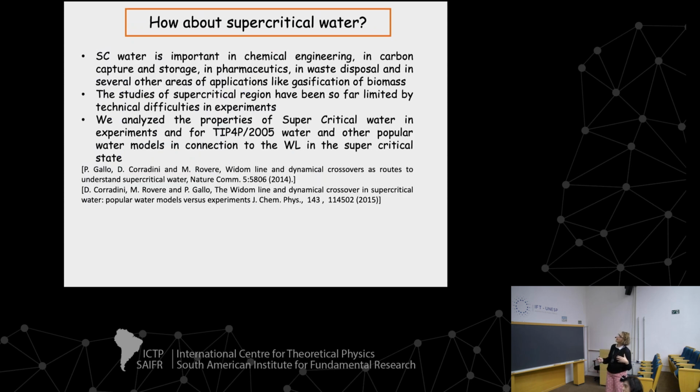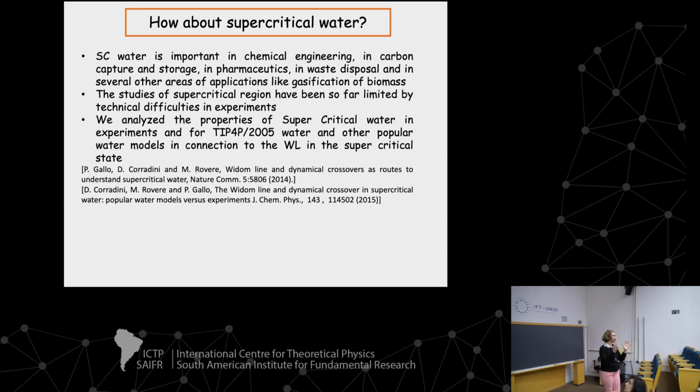What we have done instead was to work on supercritical water. Supercritical water is important for chemical engineering, carbon capture, storage, pharmaceutics, waste disposal, other areas of application like gasification of biomasses. And there are technical difficulties in experiment, because as you might know, when water gets supercritical, it becomes very corrosive, eats all the chamber.